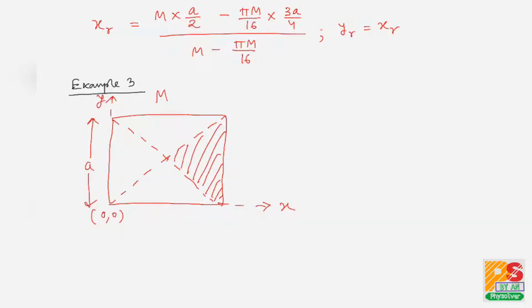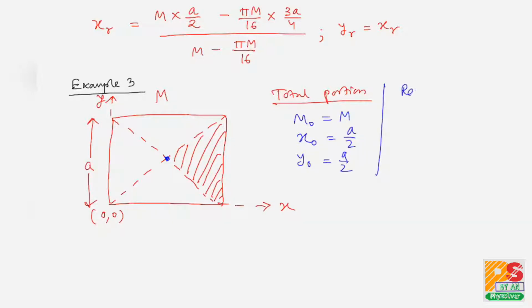Now for the total portion or total plate, square plate, I can say that m naught is m, x naught, this is the position of the center of mass, is a by 2, y naught is a by 2, same as before. Now for the removed part, this is interesting.